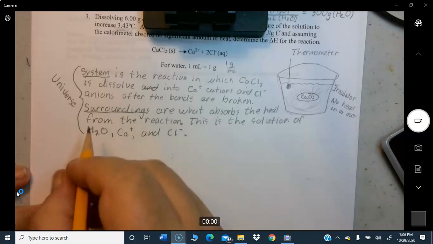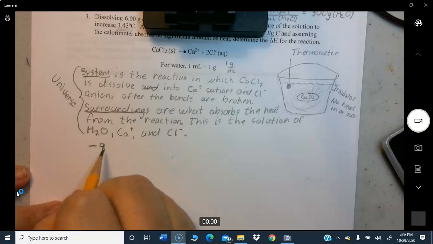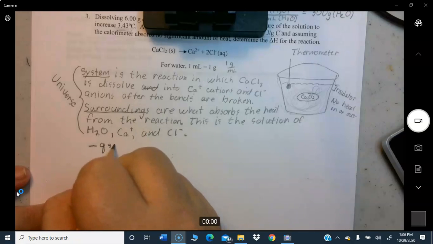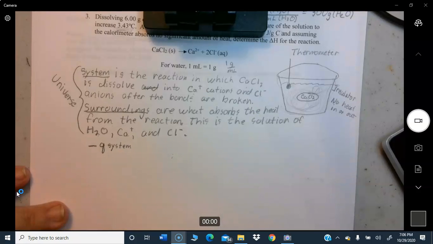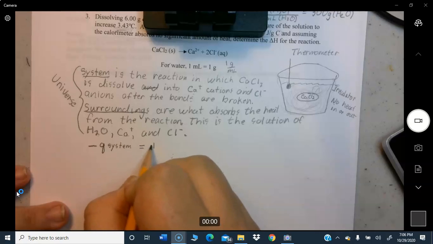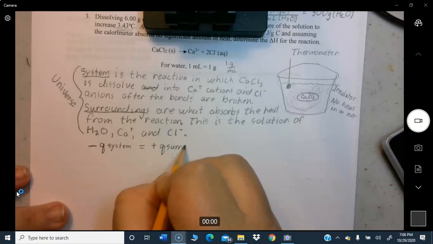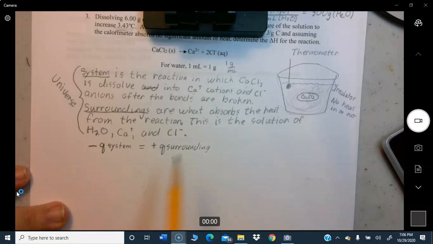So we have a principle here. When heat comes out of something, it's negative, okay? And that's the way I make a Q, so kind of get used to that. And we use a subscript. So negative heat from the system, the heat is going to be coming out of the system, out of the chemical bonds, that is going to be the same as the amount of heat that goes into the surroundings there, but the opposite sign.